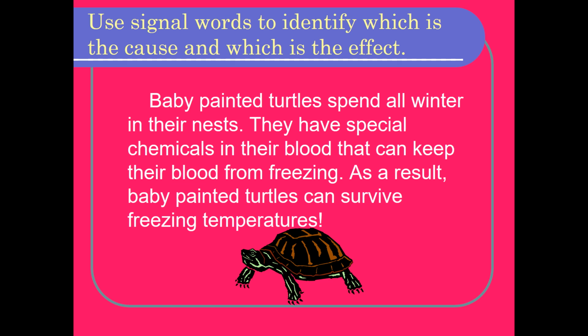When we think about that signal word, as a result, that's showing you that it's a result of something. And when something is caused by something else, we know as a result is your effect. So if we know the effect based on that signal word, we can figure out which one is the cause and which one is the effect.